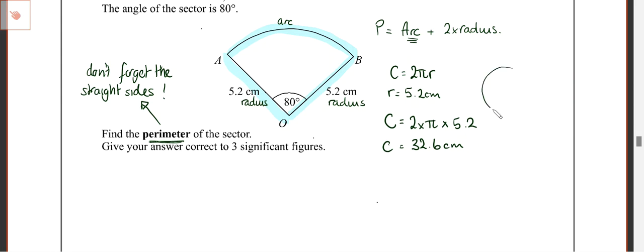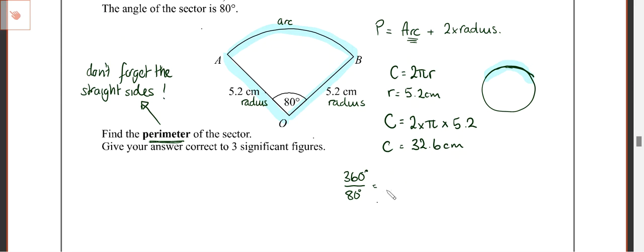All right. What do I have to do now, though? That's the entire circle. So I only want the little bit of it, yeah? So I've got to work out the fraction. So it's going to be 360 divided by 80 equals 4.5.